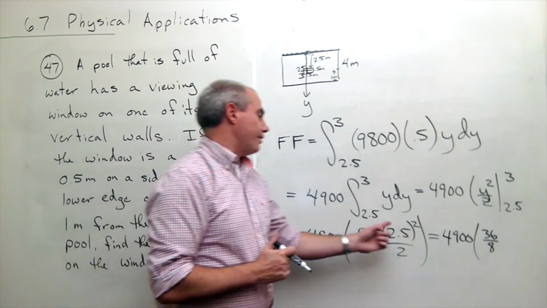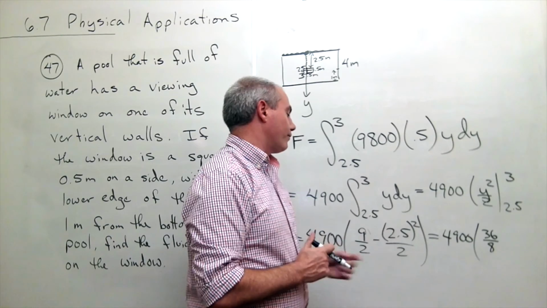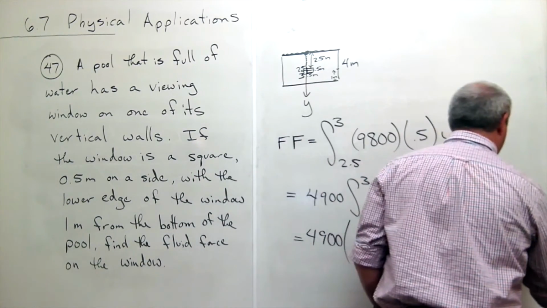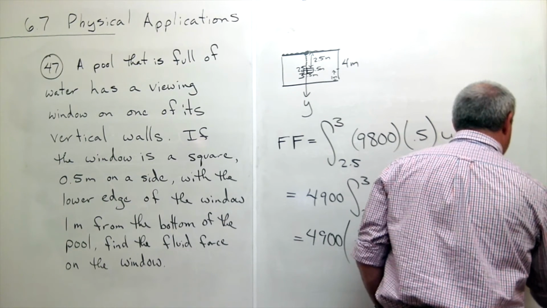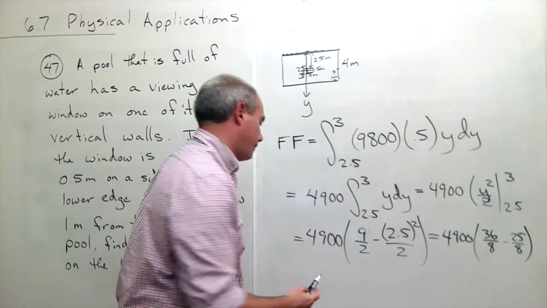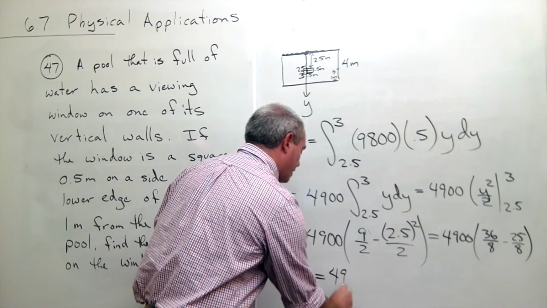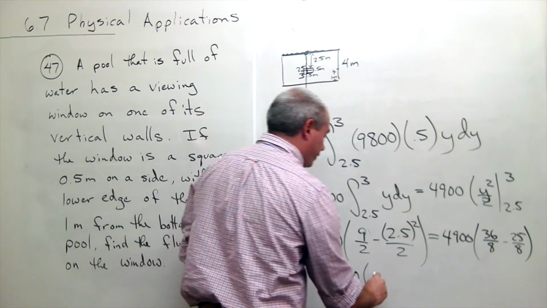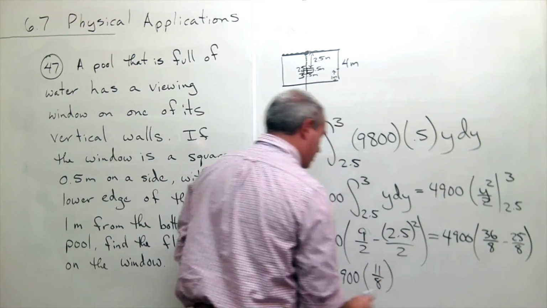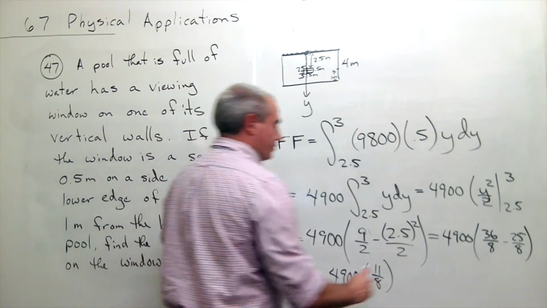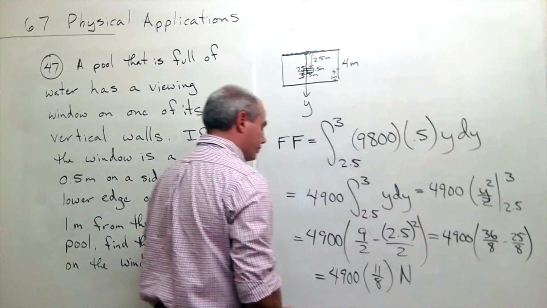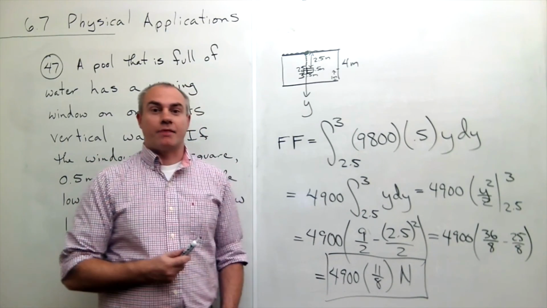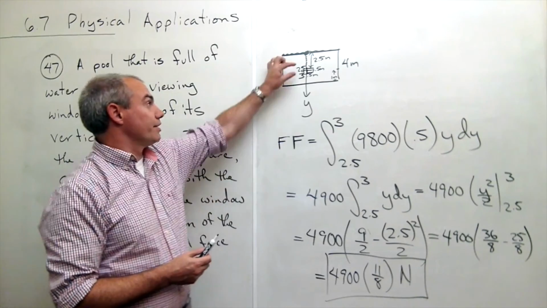Then this guy squared, this is 5 over 2, so I get 25 over 8. So we get 4,900 times, what would it be, 11 eighths? And that is going to be in newtons. You could multiply that out and get the exact number of newtons of force on this little window.